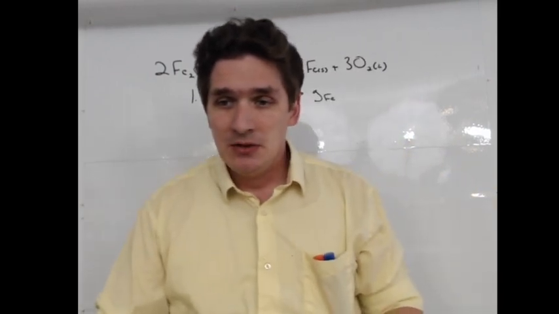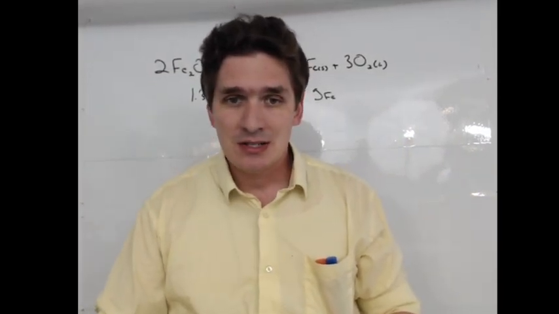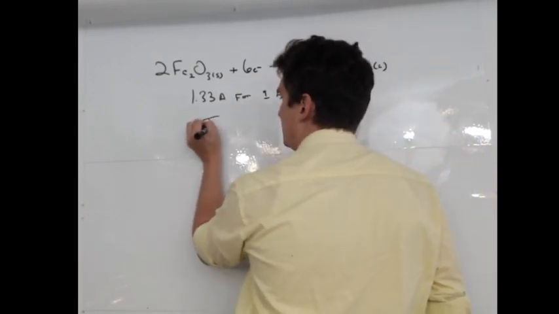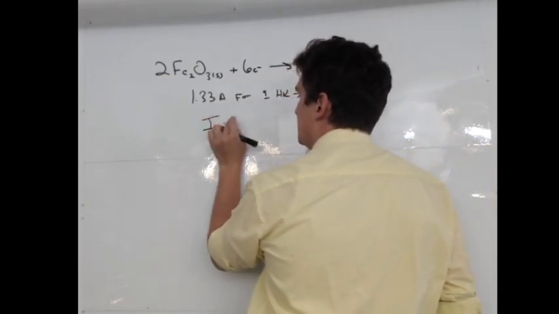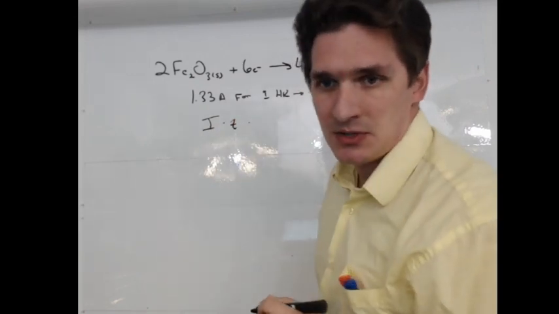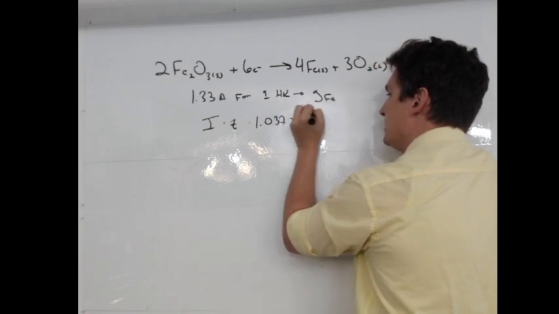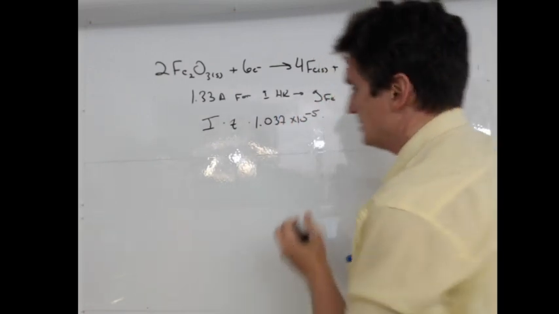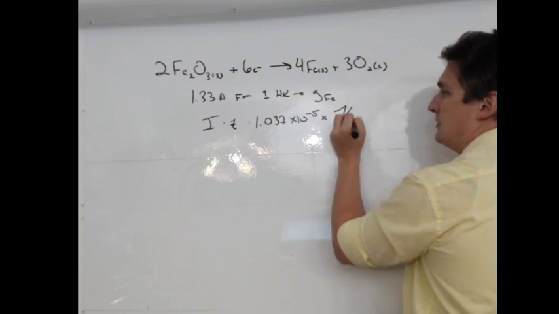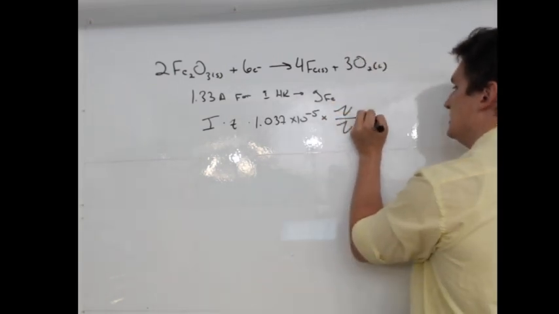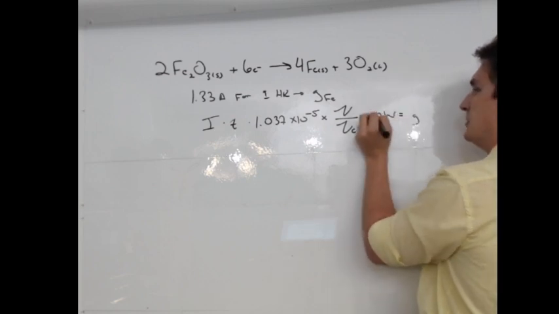So in the online notes, and you'll find this on slide 94, there is a formula: I, the current, times the time, times 1.037 times 10 to the negative 5, times whatever we're interested in, divided by the number of electrons times the molecular weight, equals the grams plated.